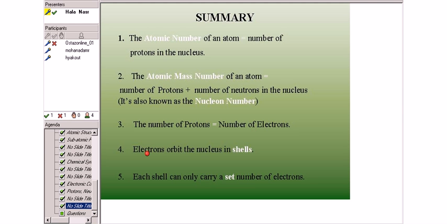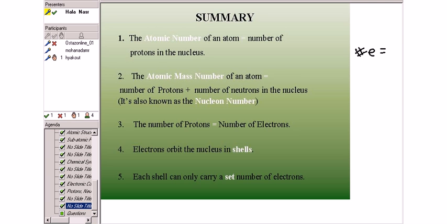in charge. The electrons are orbiting around the nucleus, in shells. Each shell can carry a set of electrons. Who can remember the rule we said about this part? Who can say the rule of the number of electrons carried in one energy level? I need others than Muhammad. What was the rule? We said the number of electrons in each energy level.